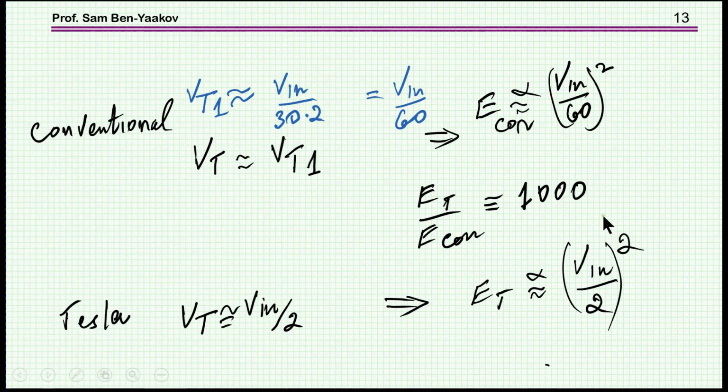On the other hand, in the Tesla presentation, we have V in over 2, so it's (V in over 2) squared. So the difference is about a factor of 1,000. It's a big, big, big difference. So you get much more capacitance, or an equivalent capacitor is much larger than in the conventional unit.